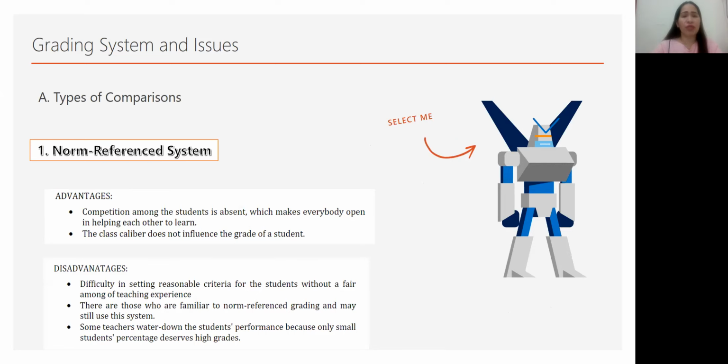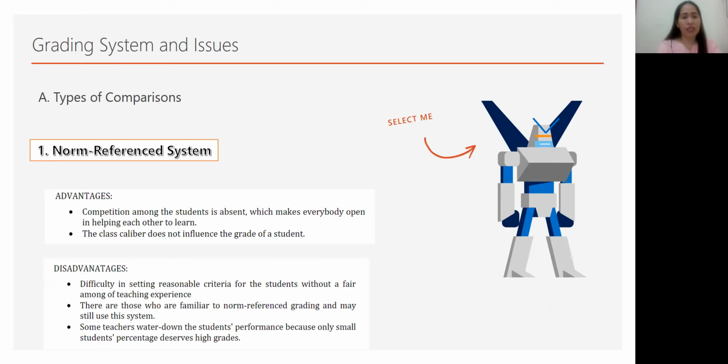What are the advantages and disadvantages of the norm reference system? An advantage is that competition among the students is absent, which makes everybody open to helping others learn. The class caliber does not influence the grade of a student.